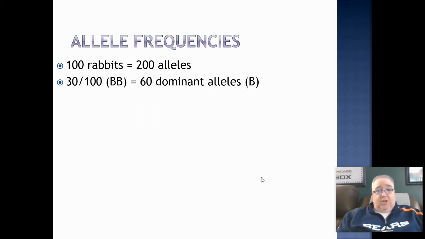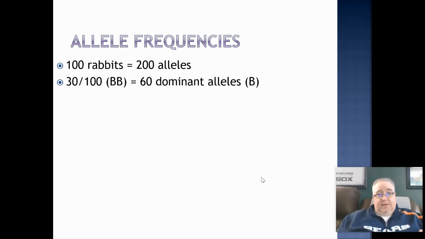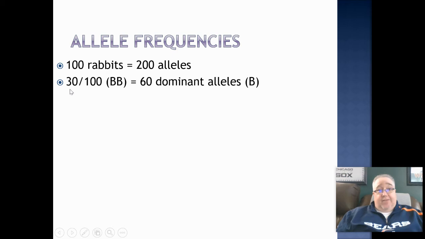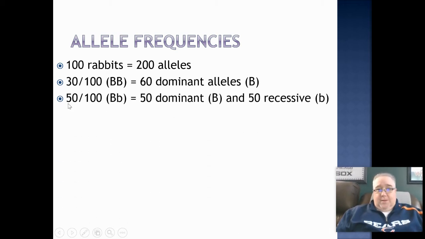So let's go ahead and take a look again at these rabbits that we collected. We said on the last slide that 30 of our rabbits were homozygous dominant, big B, big B. Well, that means that we've captured 60 dominant alleles. Those 30 homozygous dominant rabbits have 60 total dominant alleles. Now, remember, we said we captured 50 heterozygous rabbits. Those rabbits are big B, little b.